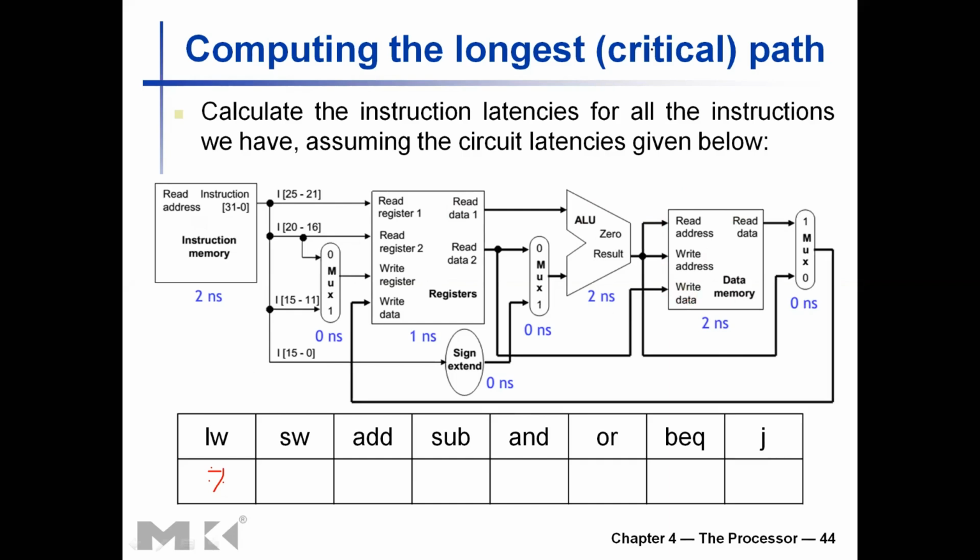So yes, we need 5 nanoseconds between two clock cycles for the store word instruction. We need 2 plus 1 plus 2 to produce the right data address and the right data value from the register file at those lines.